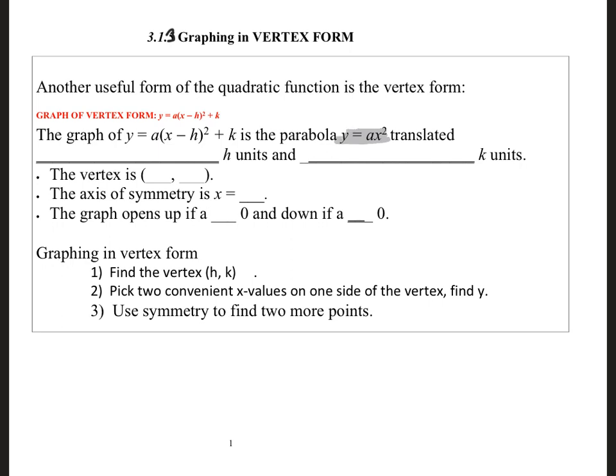And usually the parent function is just going to be y equals x squared, because a is going to be 1. And you can see this graph is the graph of y equals x squared, translated h units.